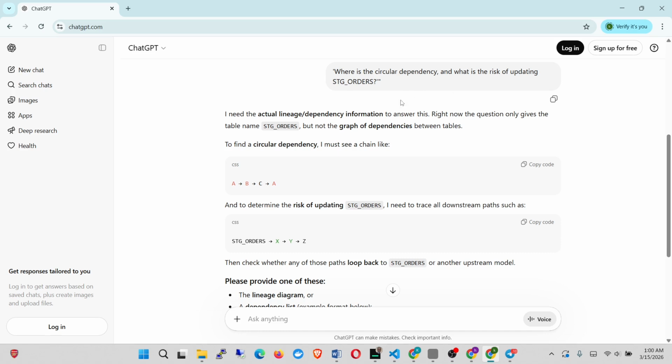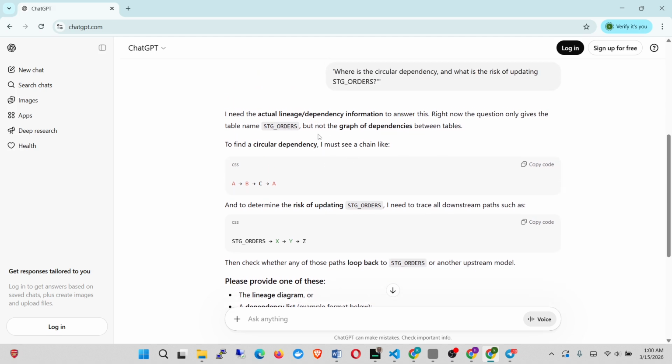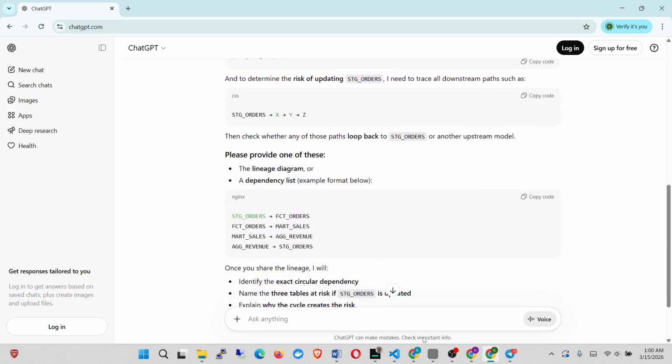The blind AI result, ChatGPT, as you can see, is completely paralyzed. It explicitly states that it needs to see the lineage, the SQL references, and so on, and it effectively admits it cannot do the job without the data my tool provides.